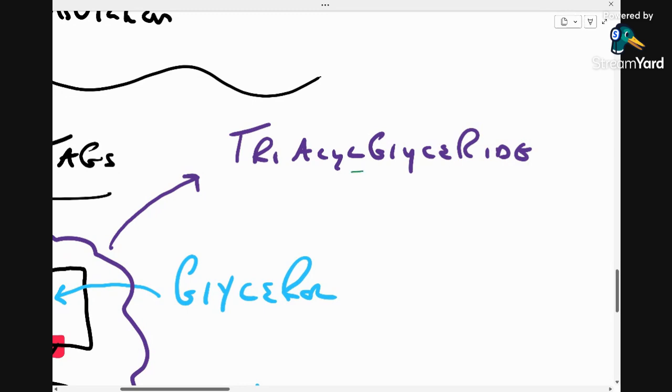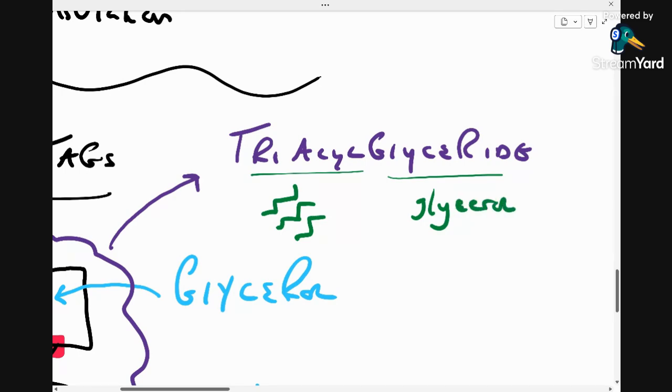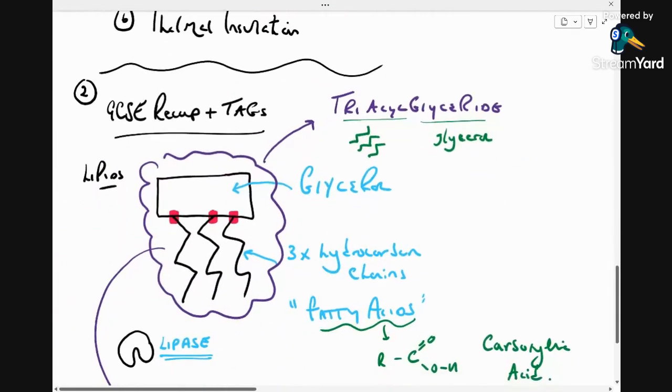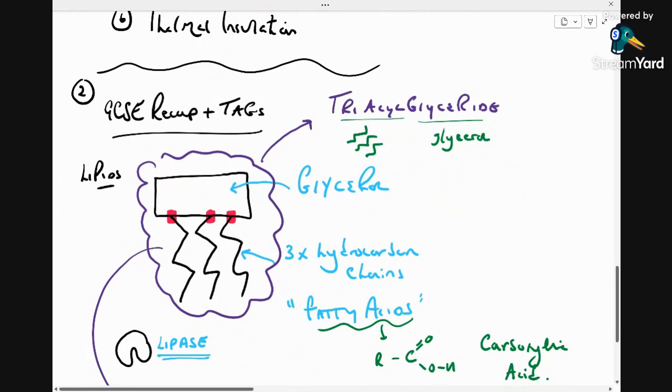So essentially, we've got three acyl groups and a glyceride. The three refers to the three fatty acid tails, and the glyceride refers to glycerol. So essentially, all I'm giving this is a name. It's called a triacyl glyceride, or a TAG for short.